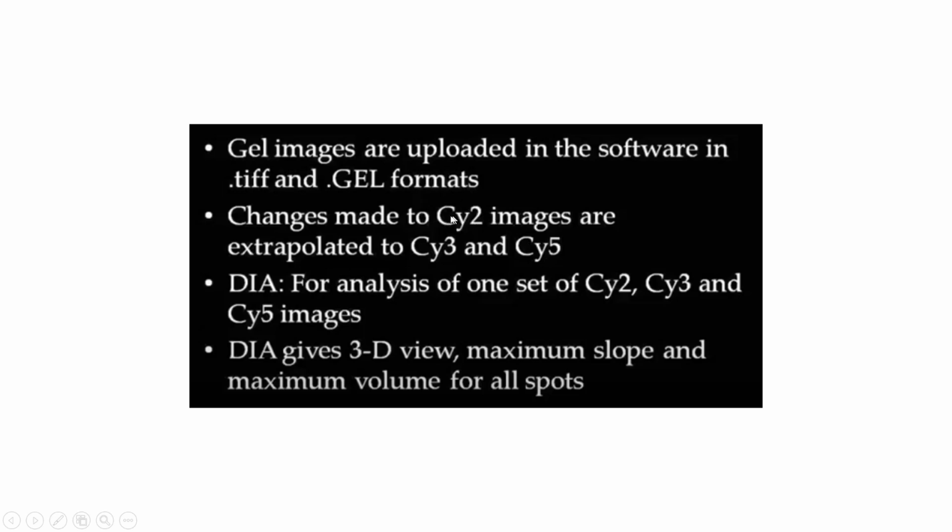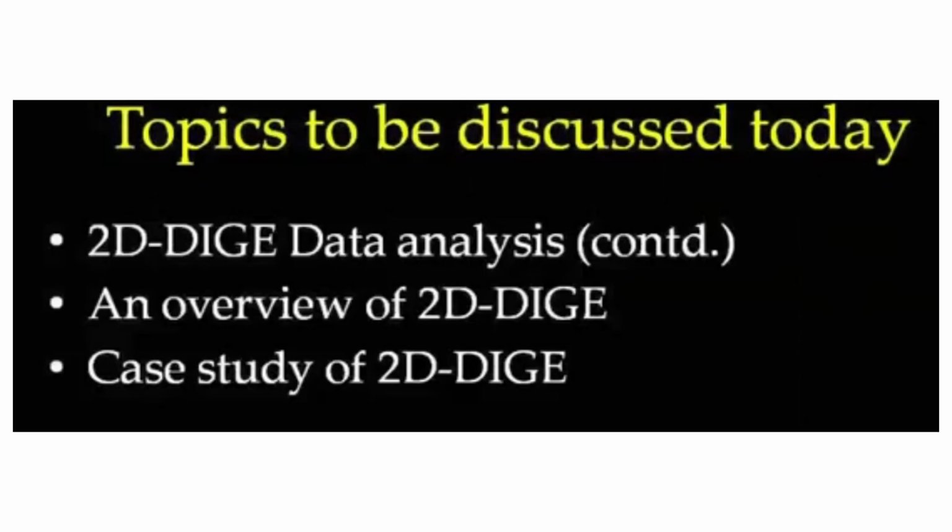So this will have each and everything, and they are extrapolated to Cy3 and Cy5, sample 1 and sample 2. If you are doing DIA type of analysis, then for analysis of one set of Cy2, Cy3 and Cy5 images, it will give a 3D view, and maximum slope and maximum volume for all the spots can be determined using DIA type of analysis.